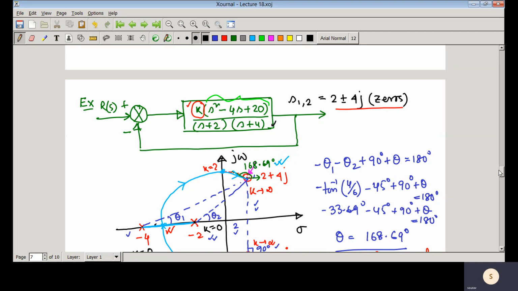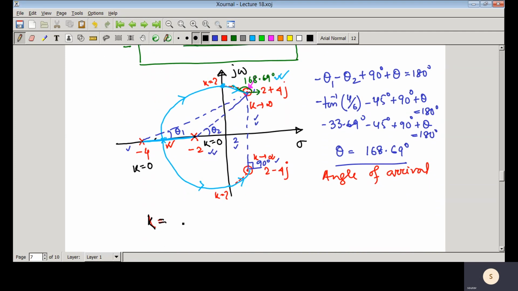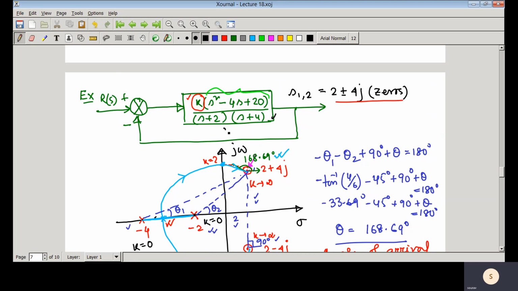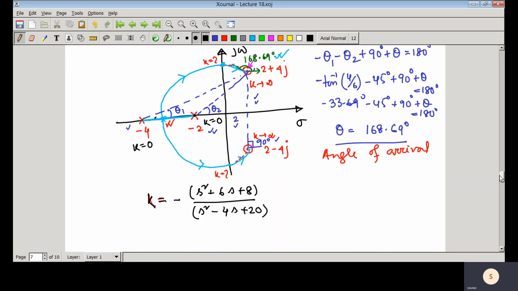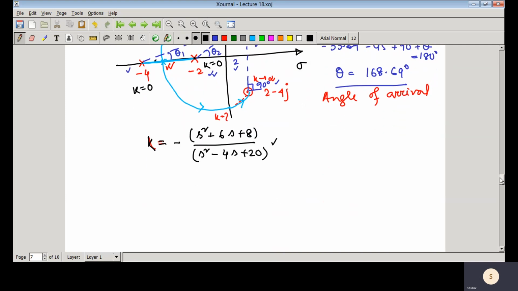So it will go to the numerator, that means it would be minus of s square plus 6s plus 8 divided by s square minus 4s plus 20. So we are getting it from the characteristic equation.